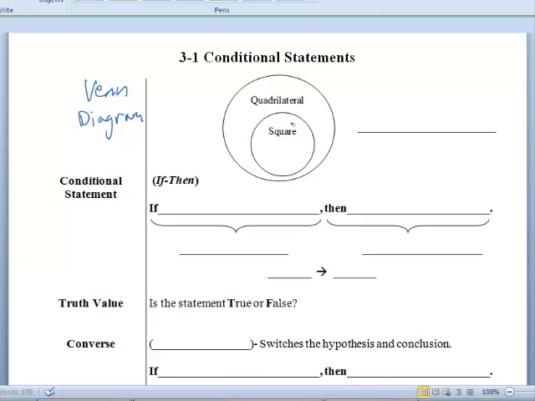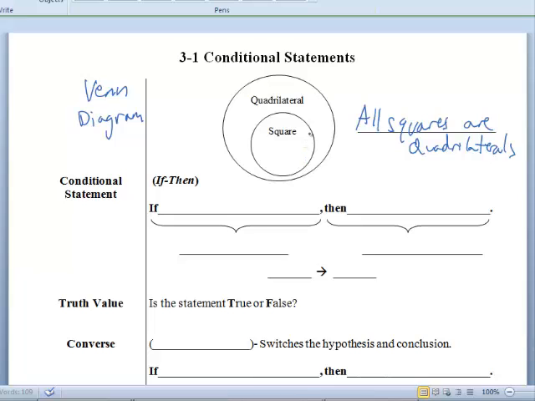All of our square circle is inside of our quadrilateral circle, which means that there are no squares that are not a quadrilateral. They're all inside. I can make an absolute statement here and say that all squares are quadrilaterals. That's true for my Venn diagram.